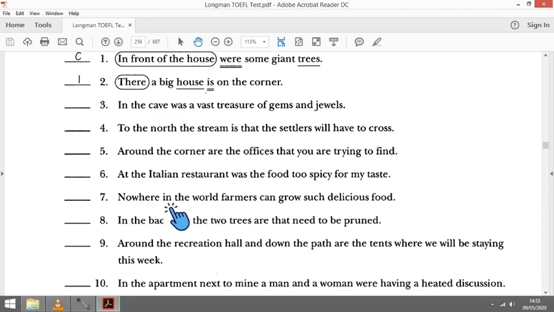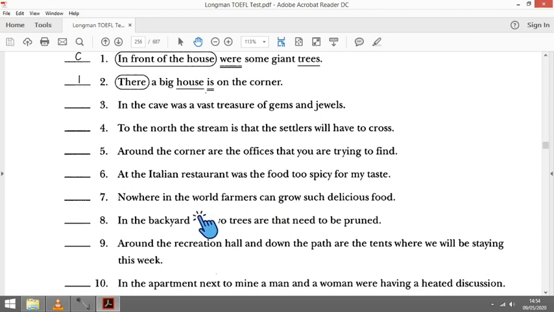We need this one, so we put "can" first and then "a farmer." Nowhere in the world can a farmer grow such releases. So number 7 is incorrect. We have to put "can" here, verb first and then farmer.